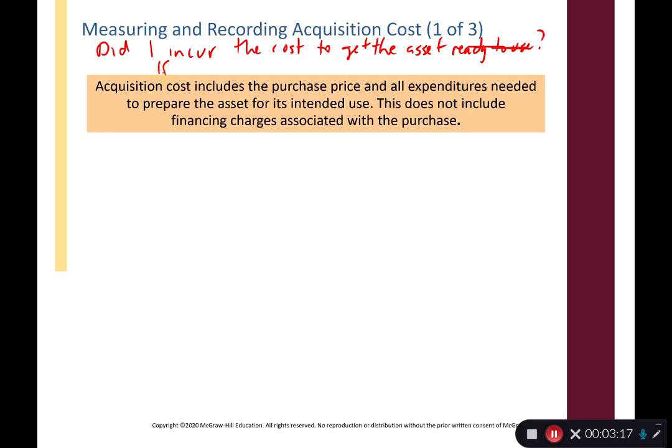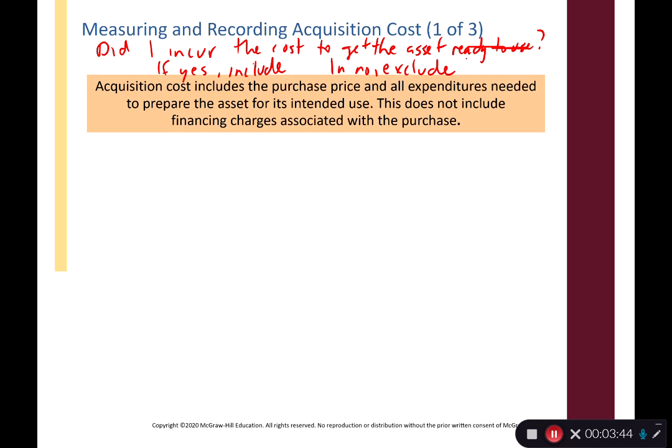If yes, include it in the cost of the asset. If no, exclude it. So I'm going to go over some examples with you that are tricky sometimes for students. Rather than memorize some comprehensive list, just ask yourself this question and see if you can come to the right answer. So obviously the purchase price of the asset would be included.